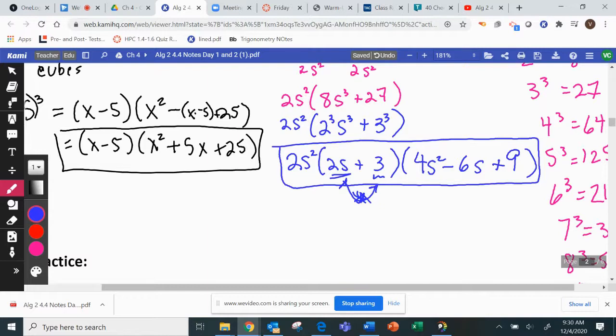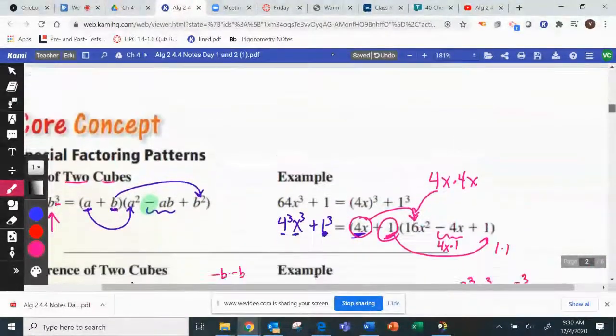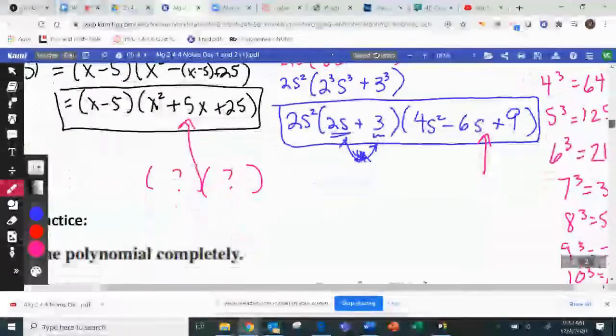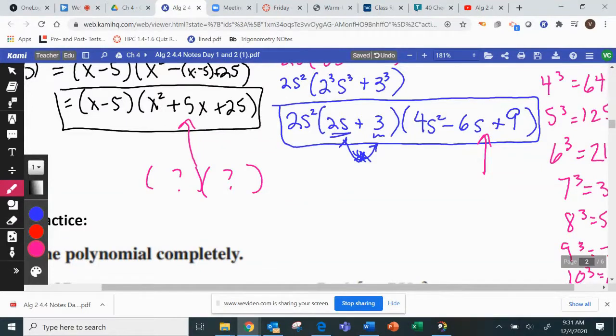One thing that I did not do, and I was waiting for somebody to ask, but since you guys aren't talking to me at all, did you see I never went and did anything with this trinomial? Does this trinomial factor further? You notice how I never went to check that? The reason why I didn't go to check that, and in their formula, they do not have that factored any further, is because it will never factor further when you use the cubic formula.